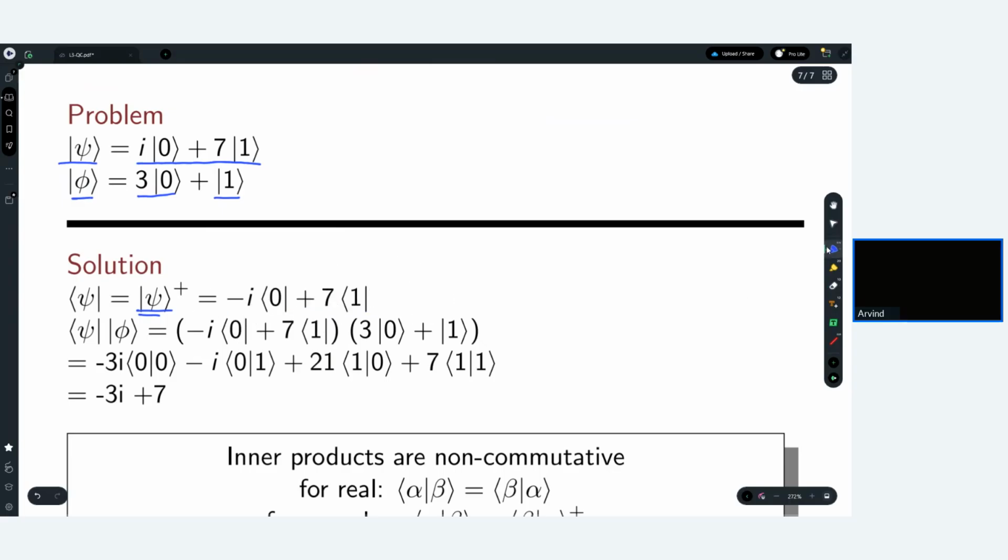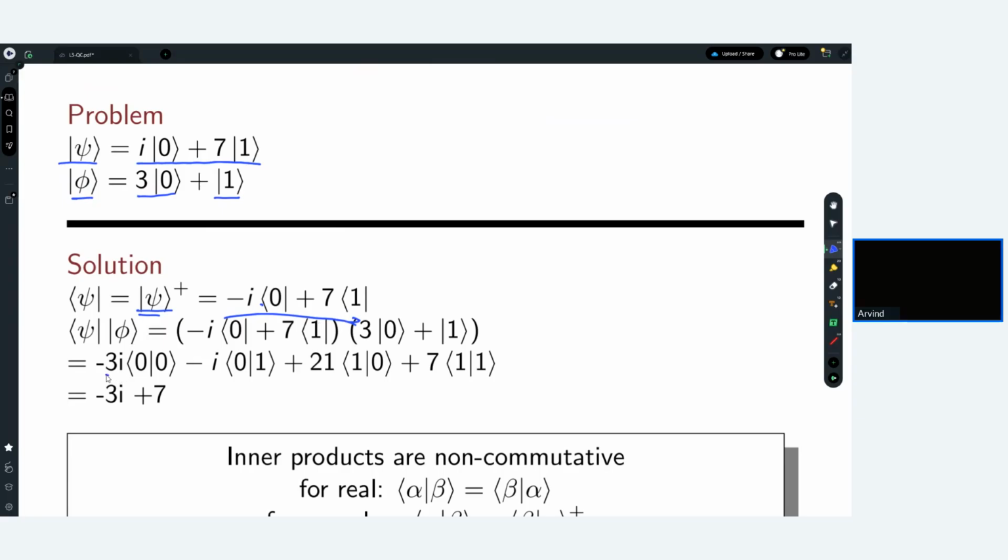Individually, by taking the first term from the psi function, we will multiply it with the terms of the second function. So minus I times bra0 is multiplied with 3 times ket0.